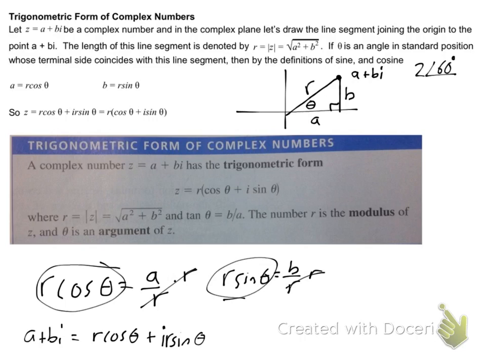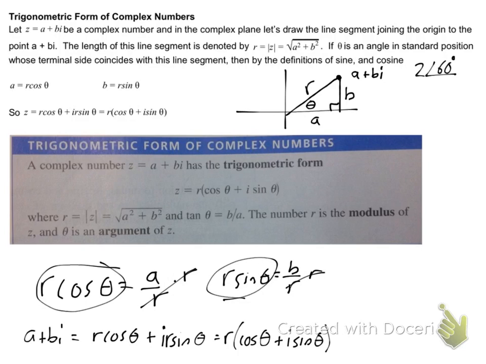Can you see that? Notice that I put i in front of the sine on purpose, because we don't want to get i mixed up with being inside the trig function. We also should recognize that r is in both terms, so I am going to factor it out, and I get r times cosine theta plus i sine theta.